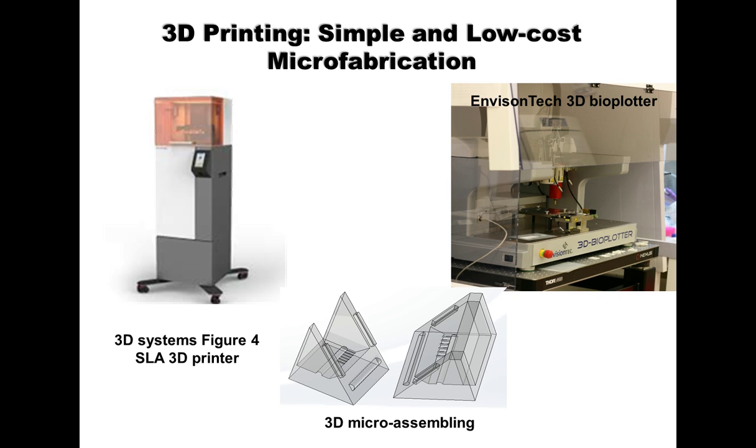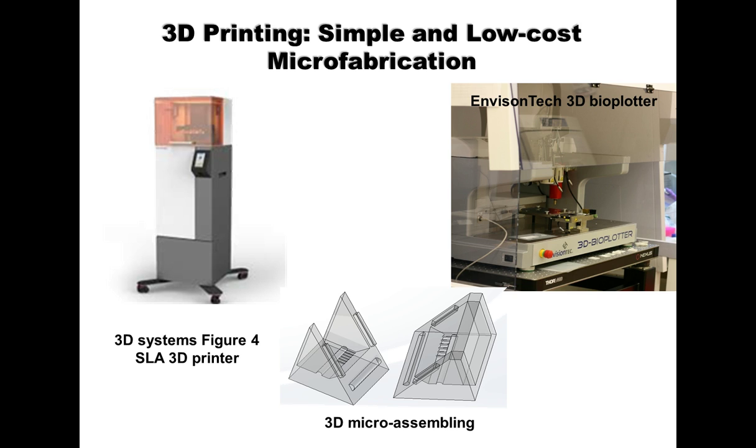We have multiple 3D printers in our lab, and the one we use is an SLA-based 3D printer, which can produce a printing resolution of around 30 microns and prints microfluidic channels very well. We also have a high-end research-grade 3D printer from EnvisionTEC, which can print PDMS polymer materials.